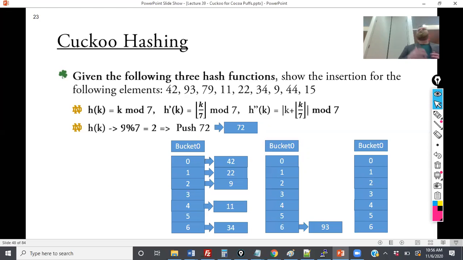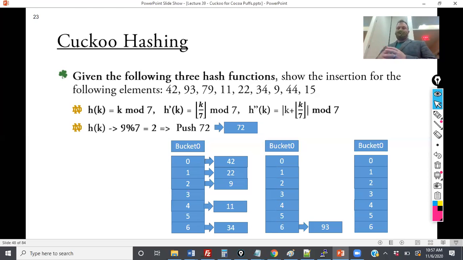What do we need to do in order to hash this value? What do you think? So we have 72. What should we do with this cuckoo hash?